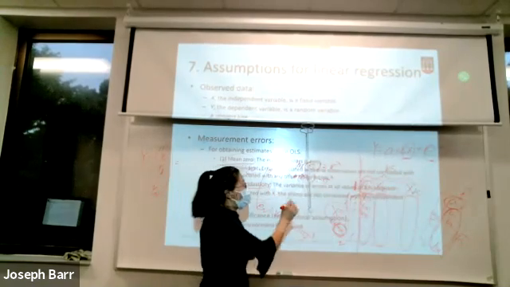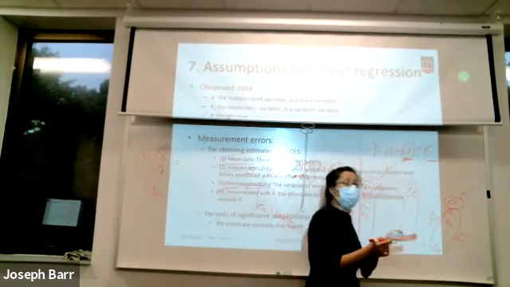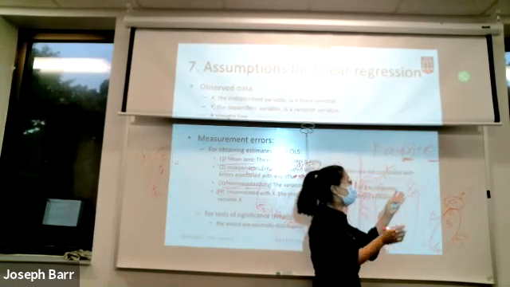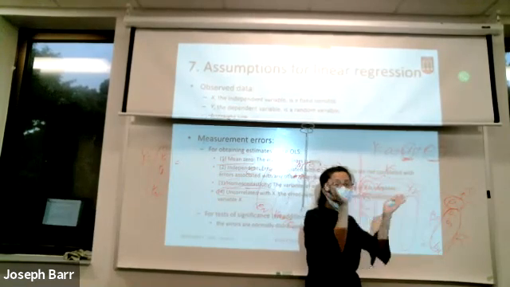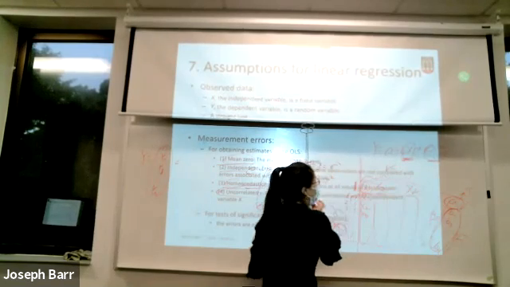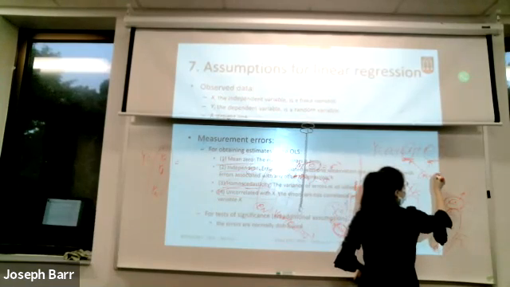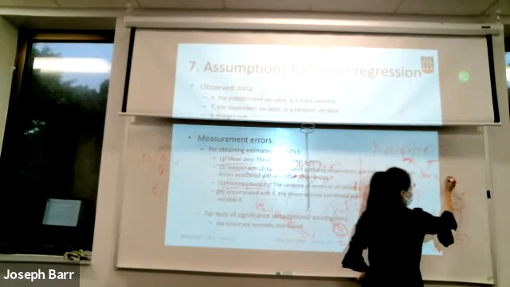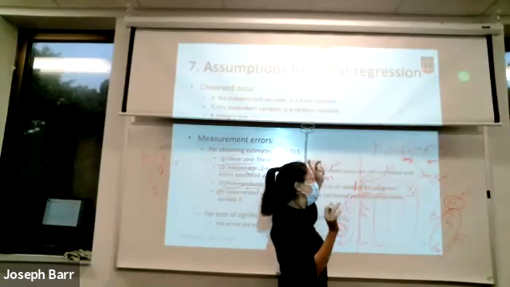Uncorrelated with x. So this is the unexplained part, and this is the predictors. We have predictors x, and we have residuals, which are not predictors. We assume these are independent, uncorrelated. That means there's no correlation or covariance between x and e. This is also important for our SEM assumption.